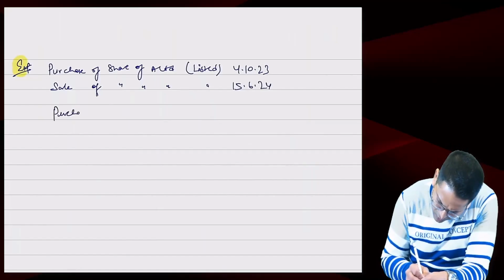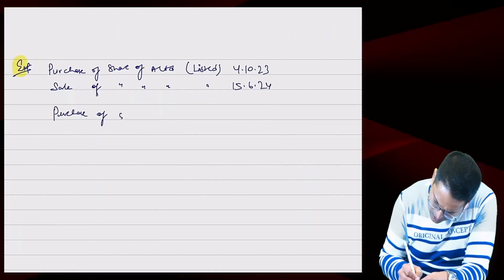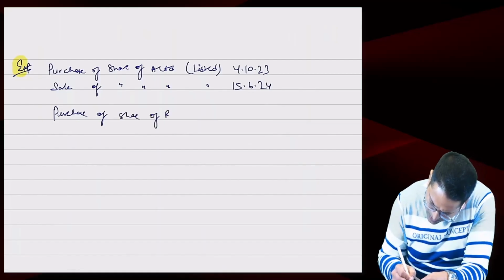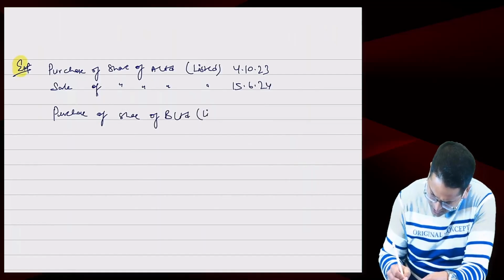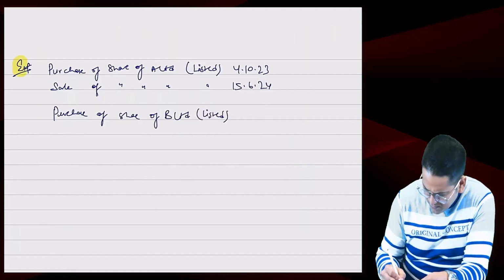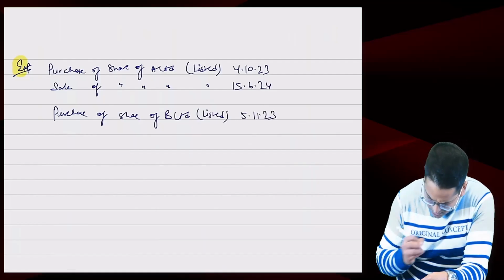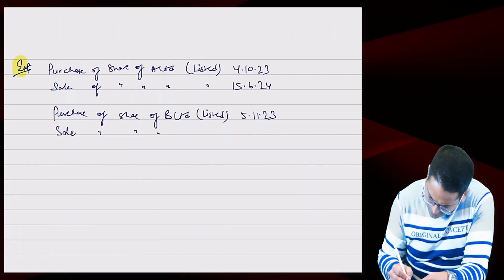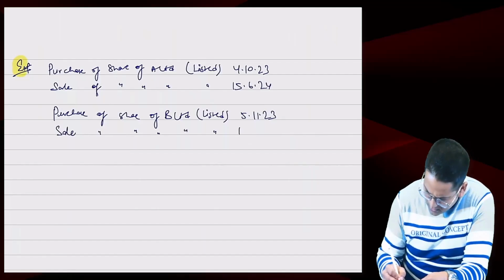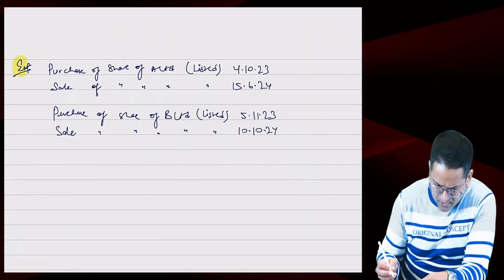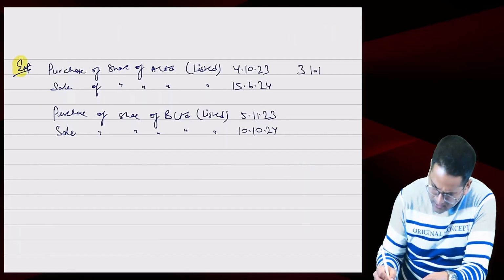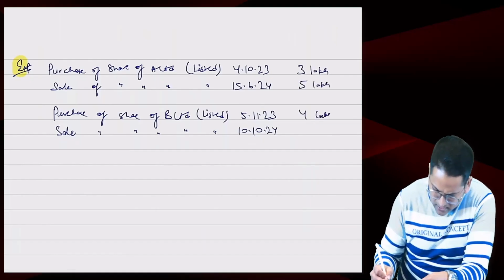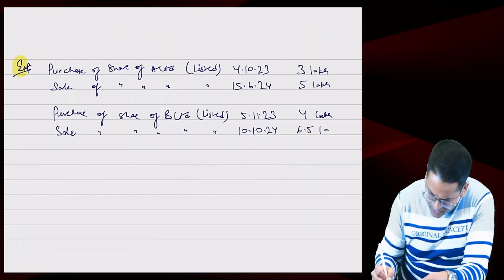Then purchase of share of B Limited, listed, 5th November 2023. Sale of share of B Limited, listed, 10th October 2024. It's bought for 3 lakh rupees. It was sold for 5 lakh rupees. It was bought for 4 lakh rupees. And sold for 6.5 lakh rupees.